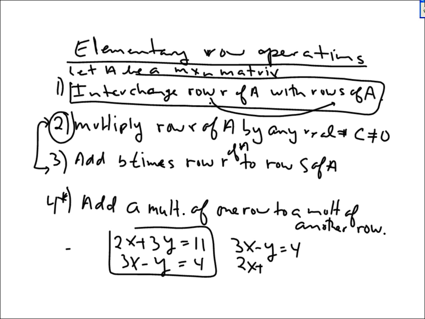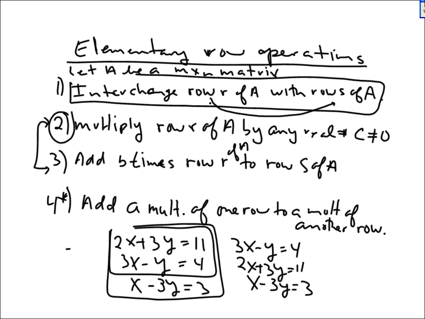All I did was interchange two equations, and I'll even put down a third one, which I didn't change its position. Whatever solutions this system of equations has, this one's going to have the same.